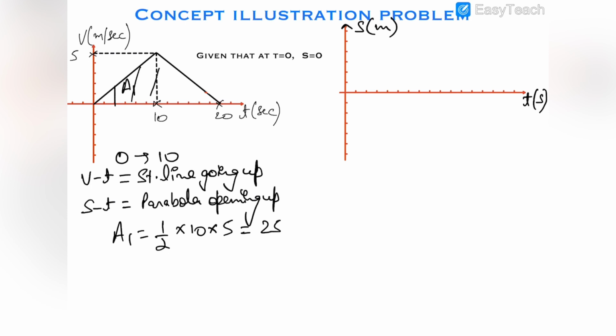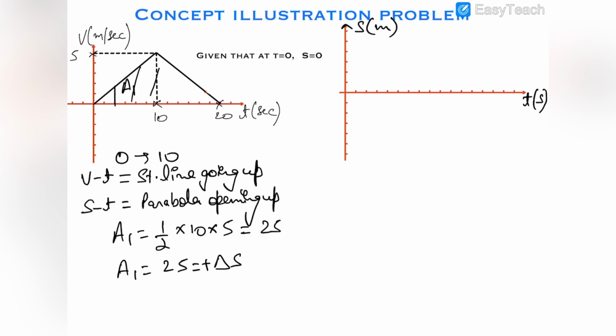So the area of this graph is 25 and this area is above the x-axis. So we can say that this area A1 is equal to the positive change in displacement. So delta S would be 25 and initially S was 0. So this graph would be a parabola opening up and going in the upward direction.